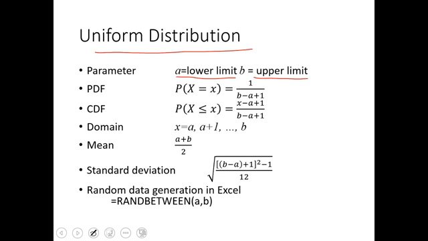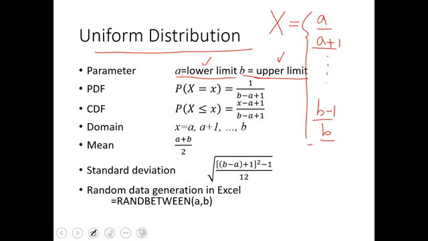With lower limit a and upper limit b, the random variable x can have a value a or a plus 1 or something like that, up to b minus 1 and b. So these numbers are the possible outcomes of this random variable x.